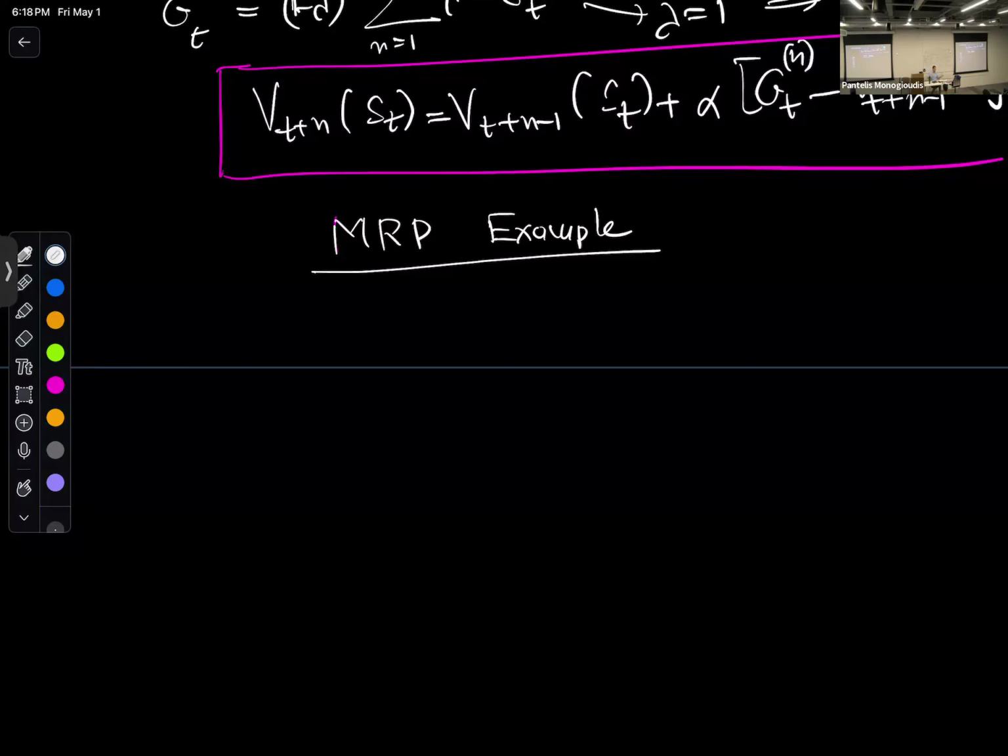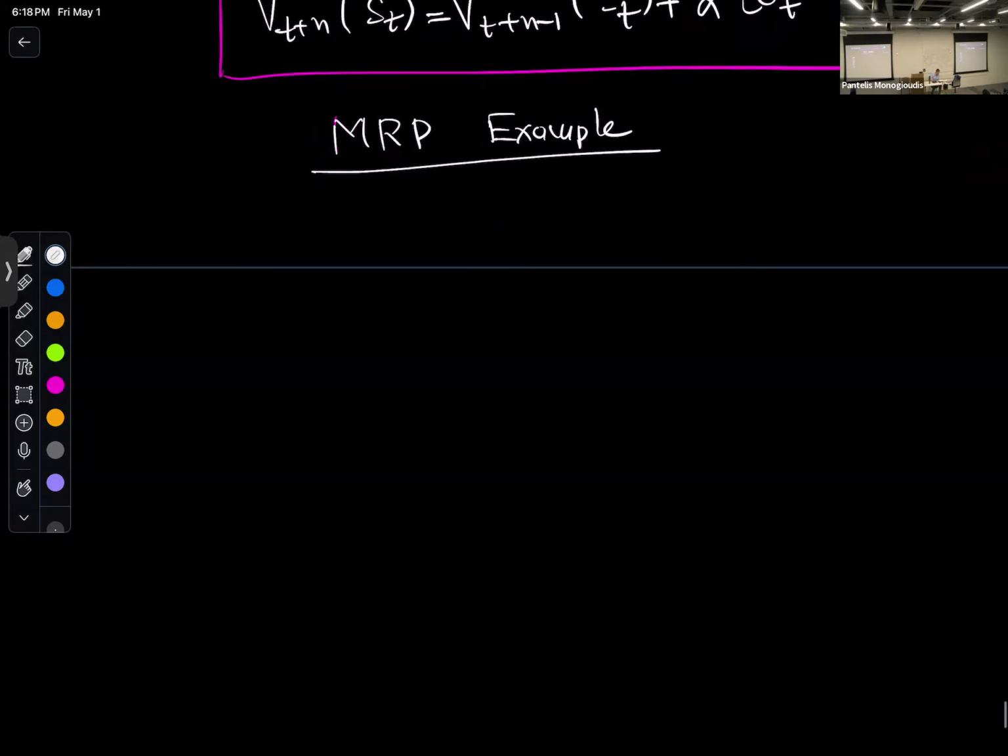That's how you show that Monte Carlo, with this kind of incremental update of the future returns, is a good algorithm for the case where you terminate. And then you can also see what the trade-offs are between TD of zero and Monte Carlo. We'll implement three algorithms here.